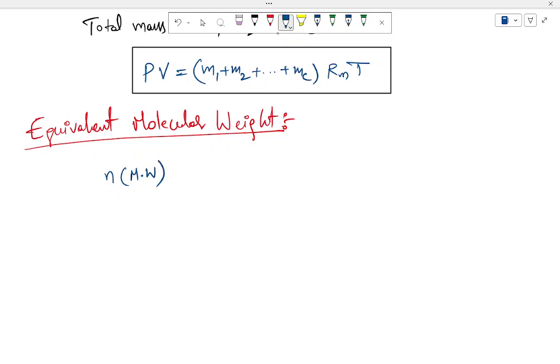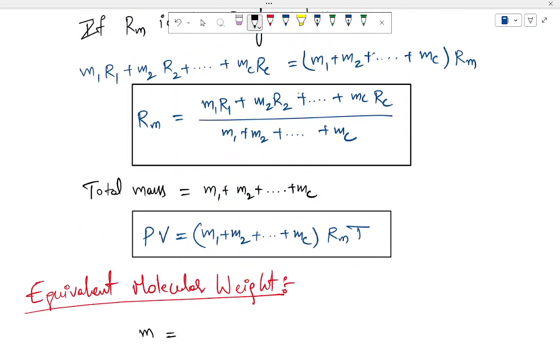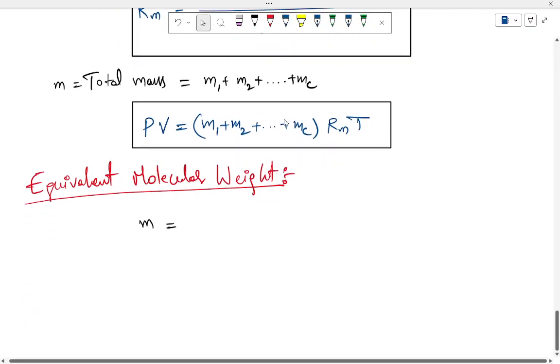N into molecular weight will be equal to, so before I write this, maybe I can write it like M is equal to, then it will be more clear. Like I have written this expression here, M is equal to total mass. The same expression I am writing here, M is equal to M1 plus M2 plus so on plus MC.